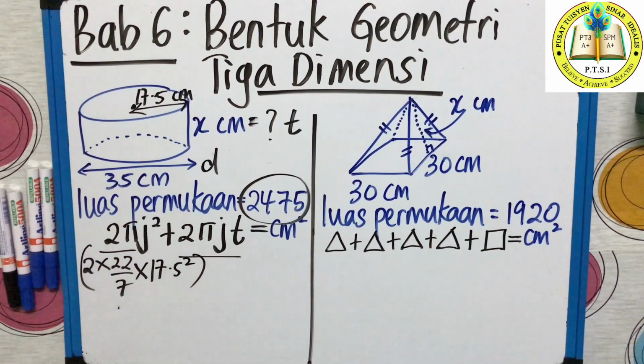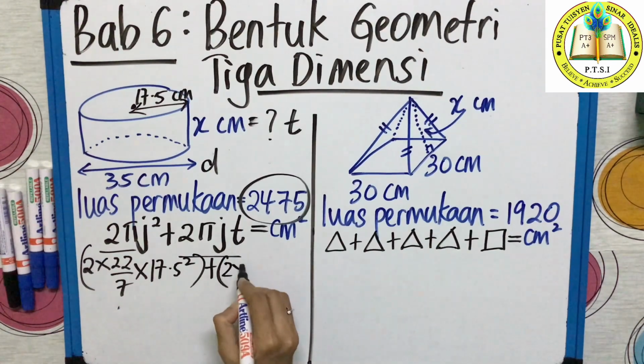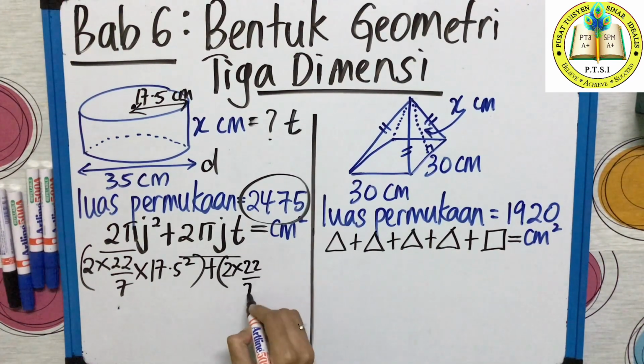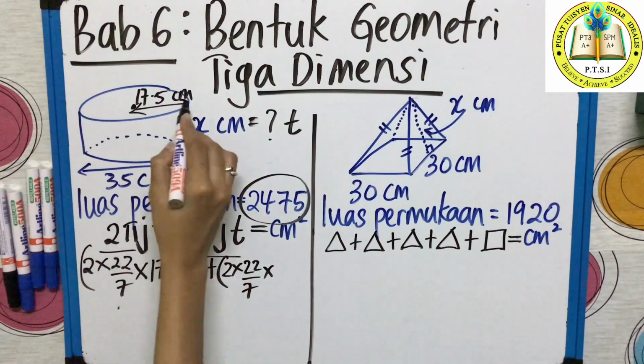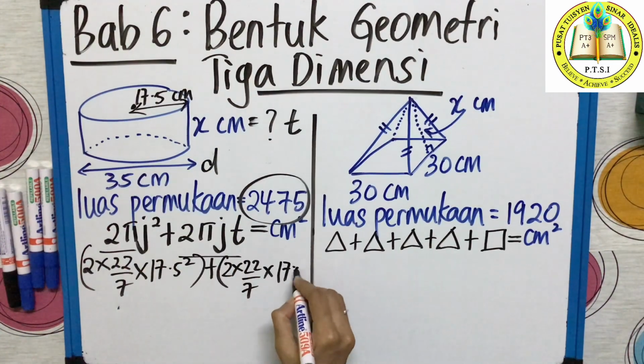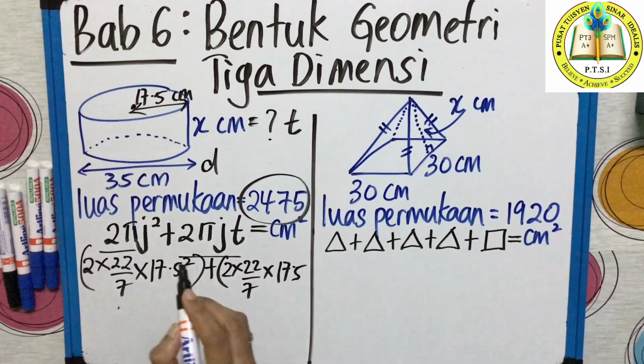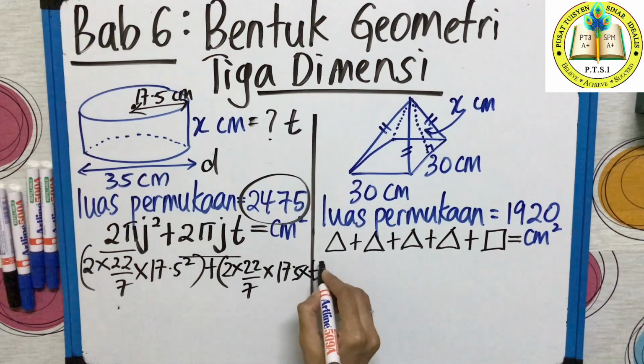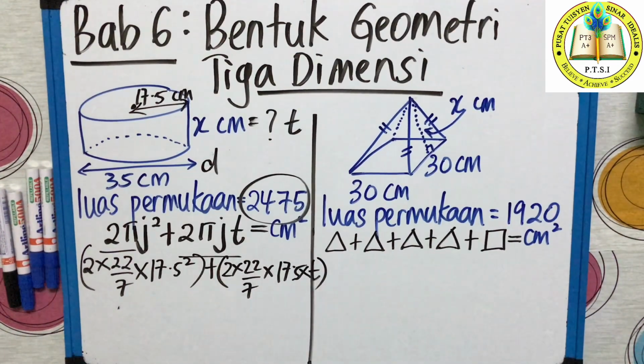So cikgu letak kurungan because this one is 2 pi j squared. Finish. Plus 2 pi j t. 2 times pi 22/7 times jejari 17.5 times with the t. So t tinggi. Clear?